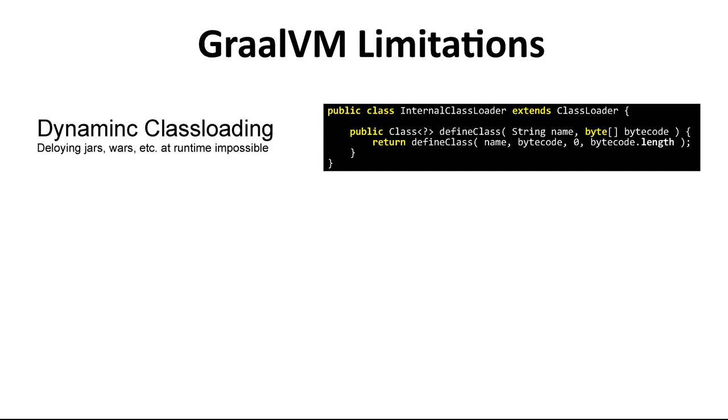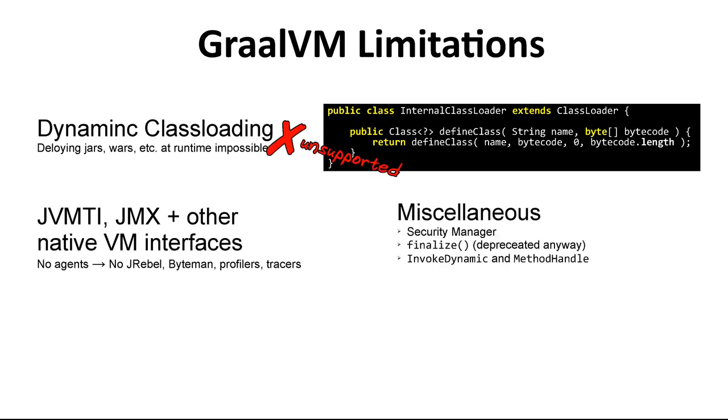In Drools we did a lot of dynamic class loading, because in a typical rule we have a few constraints, and then we have a consequence which is translated into a Java method, and then we put all this stuff in classes. This is totally unsupported in Graal.